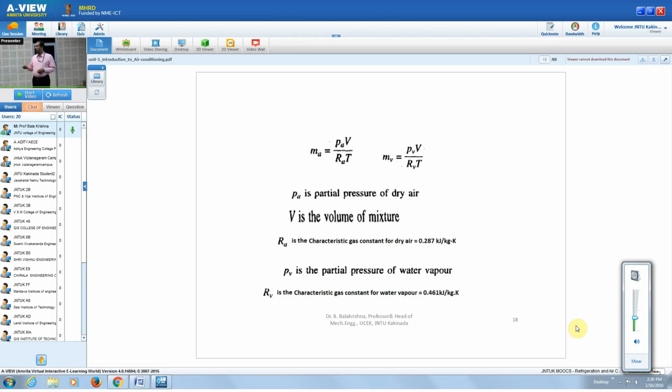Normally we take the R value as 287 joules per kg degree Kelvin. Pv is the partial pressure of the water vapor, and Rv is the characteristic gas constant of vapor, which is 0.462 kilojoules per kg degree Kelvin. Next slide.